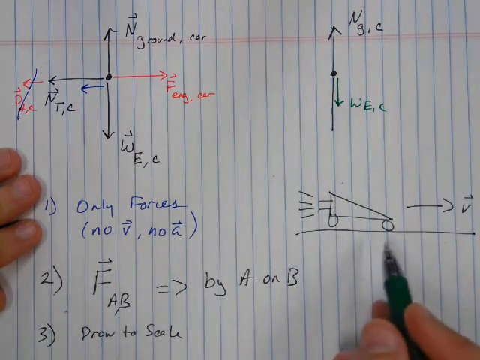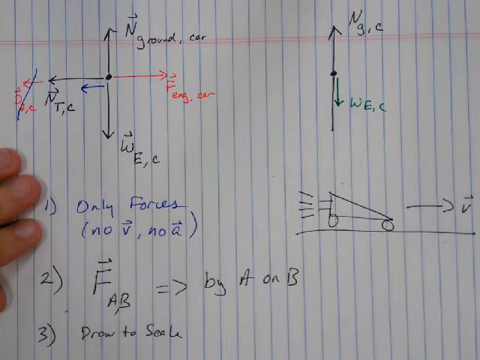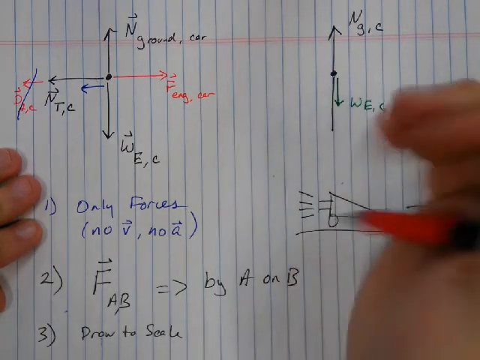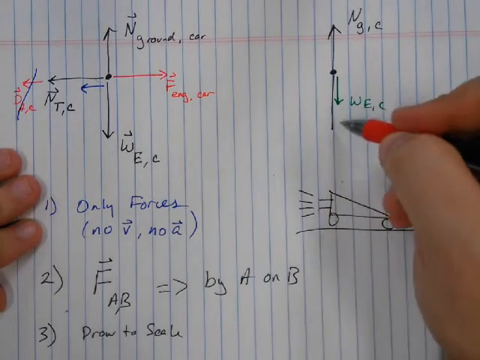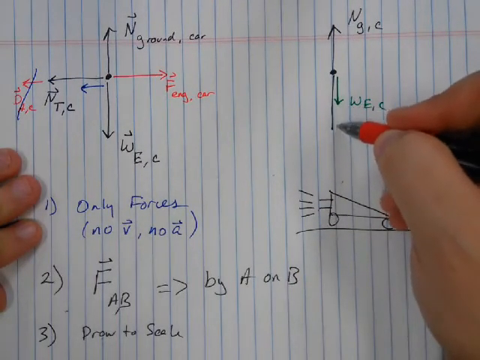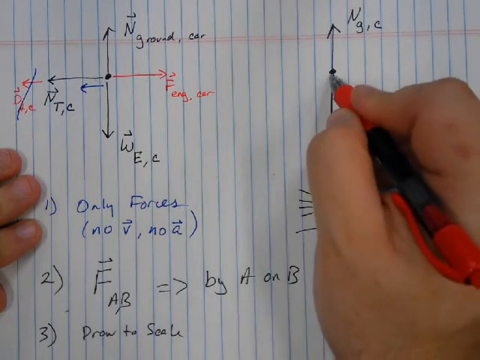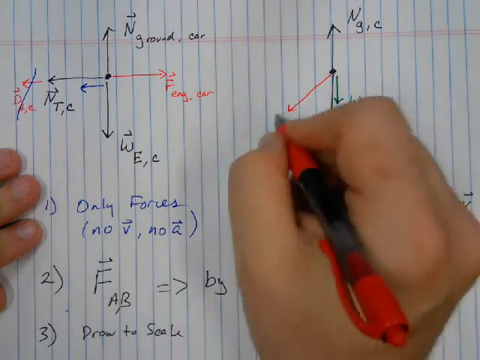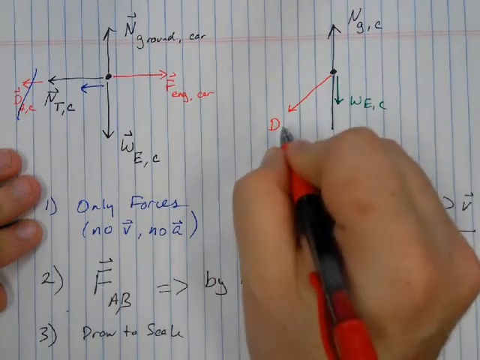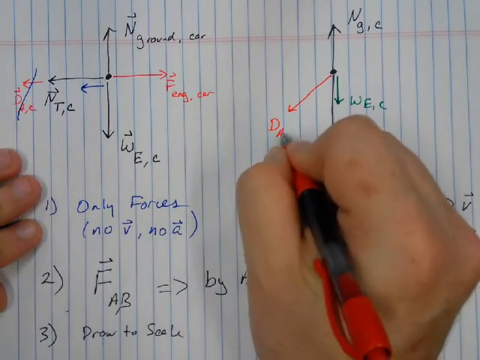Now this thing's moving through air, so I'm going to put in a drag force. And part of this drag force is going to make up this extra distance. So it's going to come down like this. And it's the drag force of the air on the car.